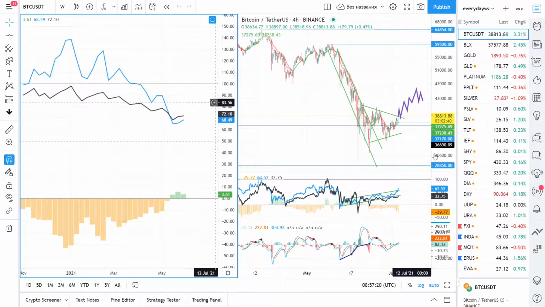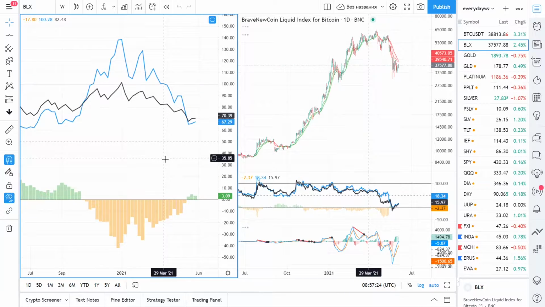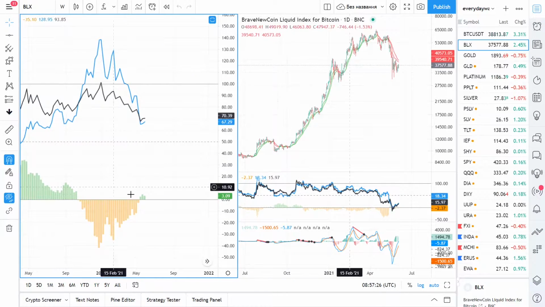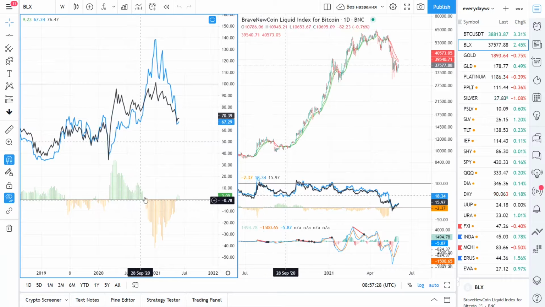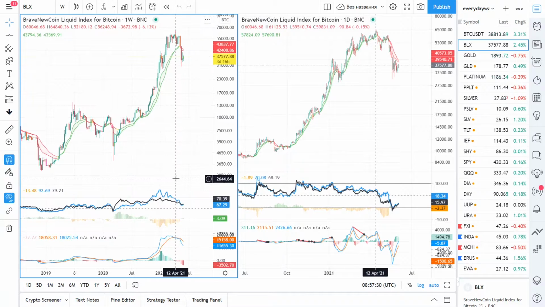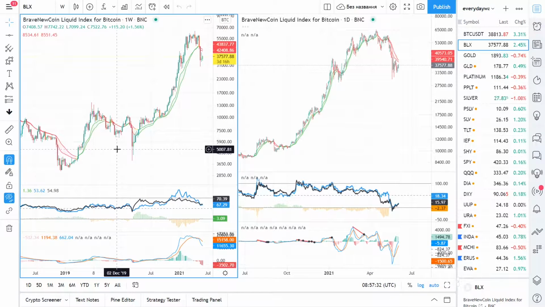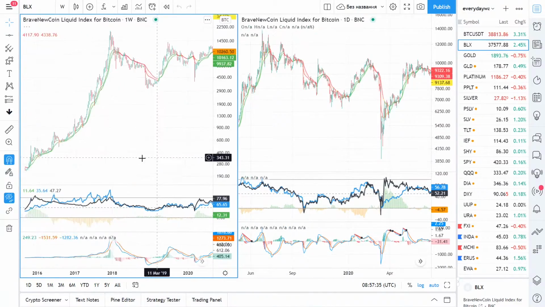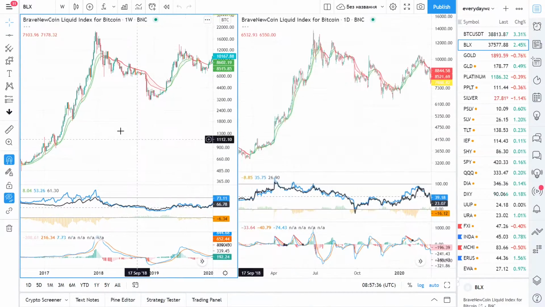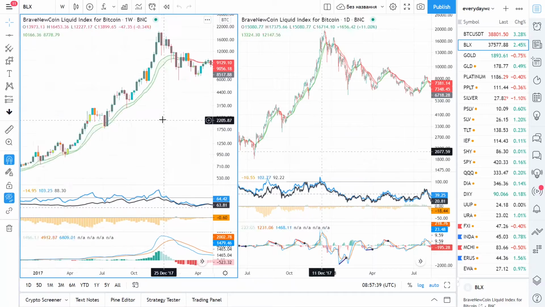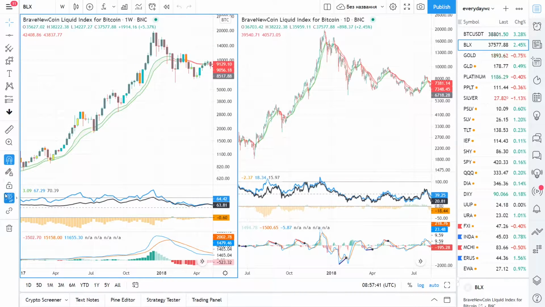But that's a very interesting topic to watch, because last time we had such a delta after an extended move to the upside was right here, was this blow off top.